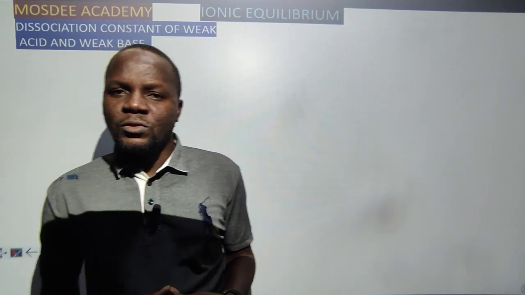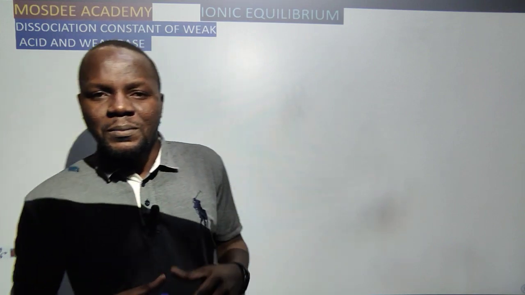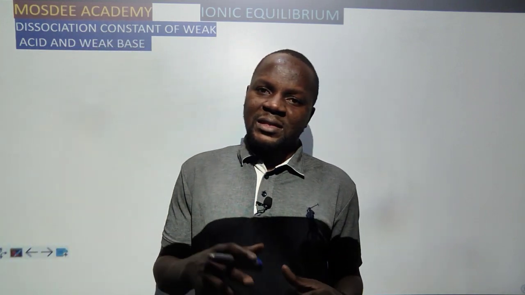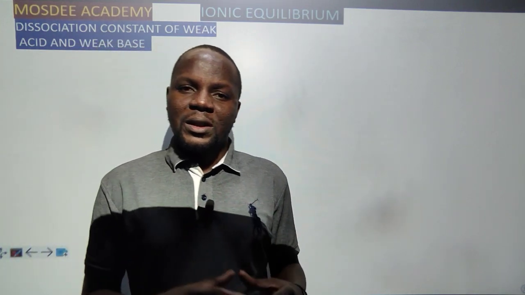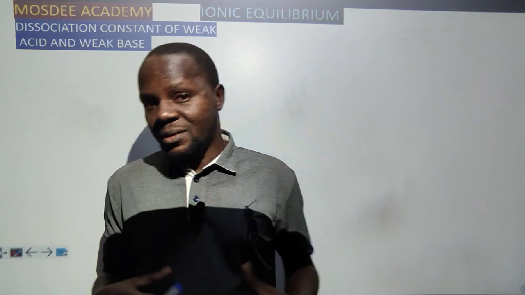When we want to write the dissociation constants of weak acid and weak base under this topic of ionic equilibrium, we focus on the reaction of acids dissolving in water, the behavior of acids, and the reaction of weak acids and weak bases.